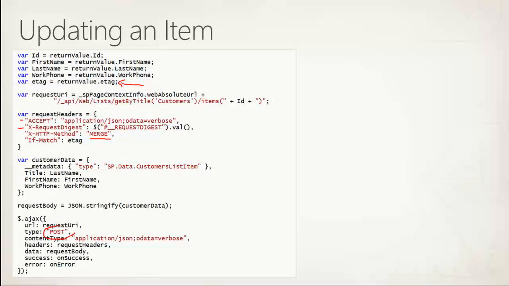However, we're going to tell SharePoint we're using the merge HTTP verb. At least that's how you should interpret it. And the idea is if I have a bunch of columns that I'm not updating, don't set those back to the default value. Leave them the way they are. And then there's the E tag. And if I don't want to deal with E tags for some reason, I could just put star here as well. OK.